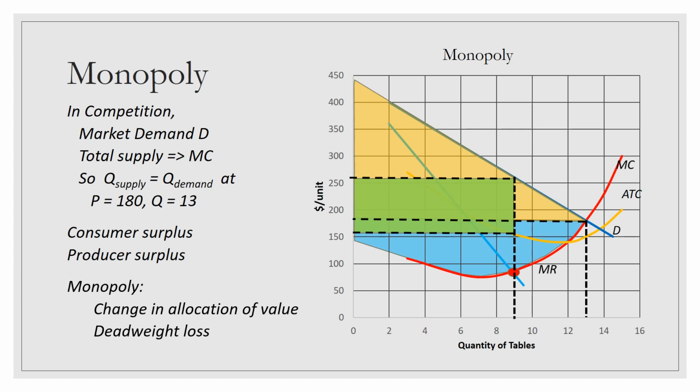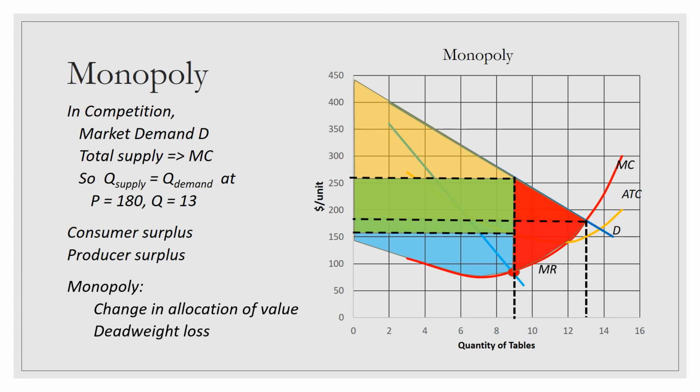If it were to produce the 10th table, it would be producing at costs above the revenues that it would receive. Certainly the price is up there, but remember, if they produce more units, the price of all of the goods would come down. They choose to produce 9 units, and that leads to a dead weight loss that's equal to this area out here. So what changed?